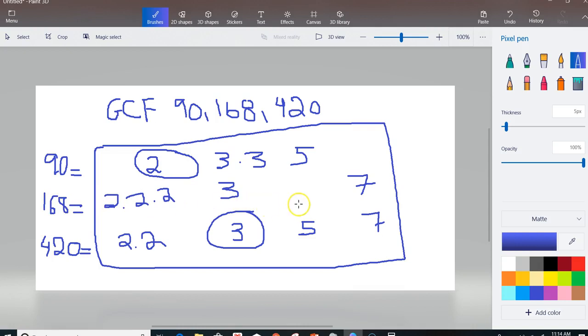But we don't have any 5s in 168, and we don't have any 7s in 90, so we can't pick those. The greatest common factor for the numbers 90, 168, and 420, or the GCF, will be 6, because we multiply 2 times 3.